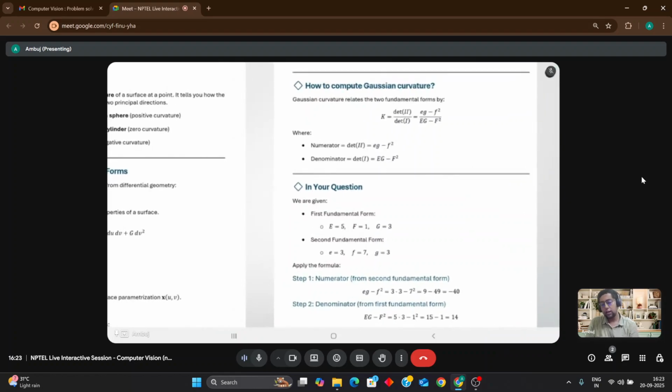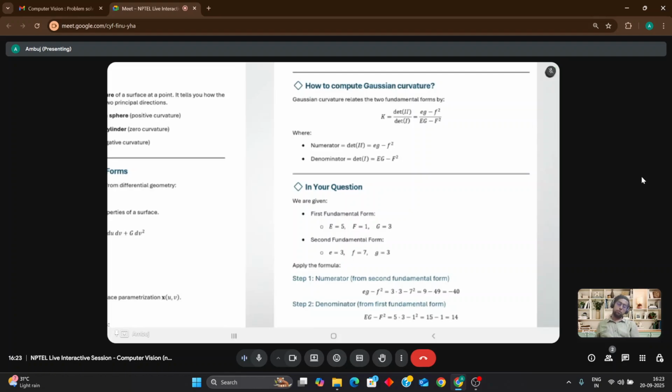Now, how do you compute the Gaussian curvature? The Gaussian curvature relates the two fundamental forms: K equals small eg minus small f square, divided by capital EG minus capital F square, where the numerator is small eg minus f square and the denominator is capital EG minus capital F square.